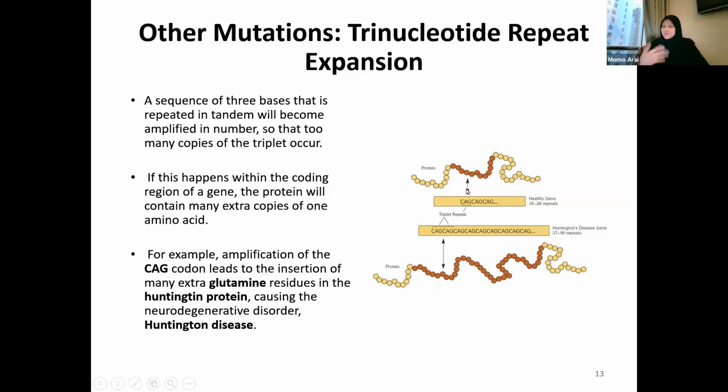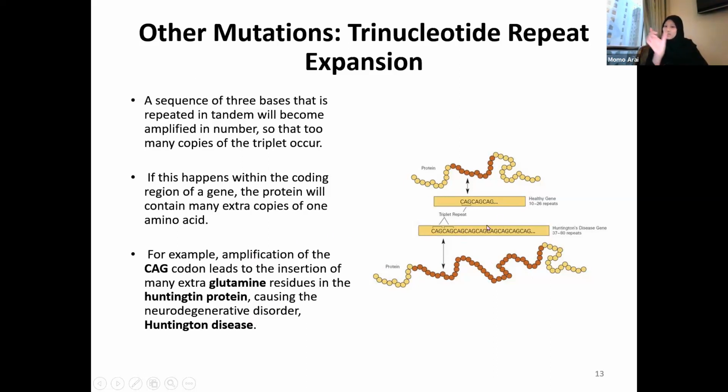But sometimes by mistake there can be an addition of a lot of CAGs, so there can be an expansion of CAG, an abnormal amount of times. Now this makes the chain much longer, and because this is the Huntington protein that's abnormal, the disease is called Huntington.